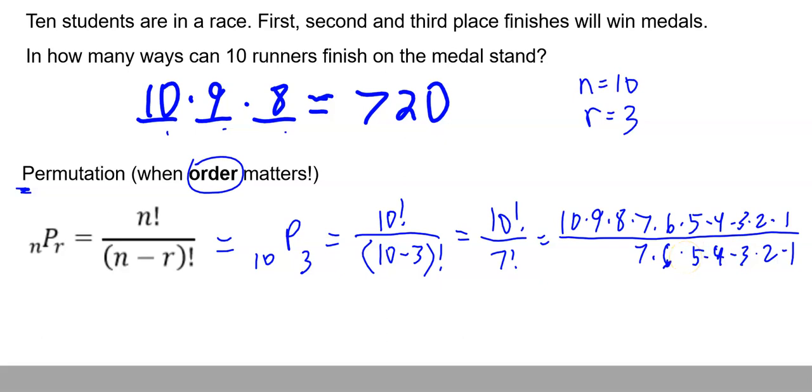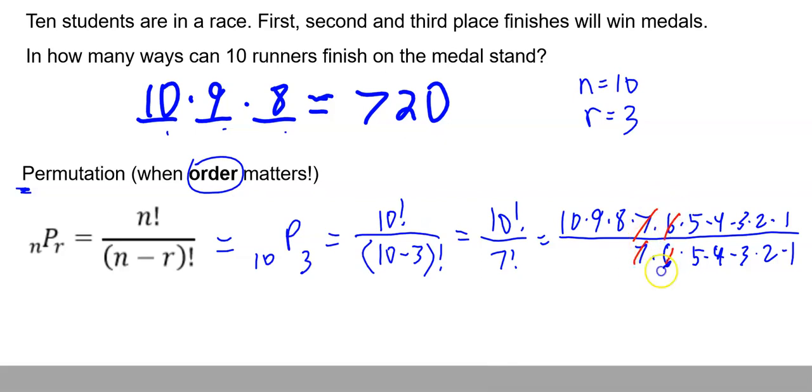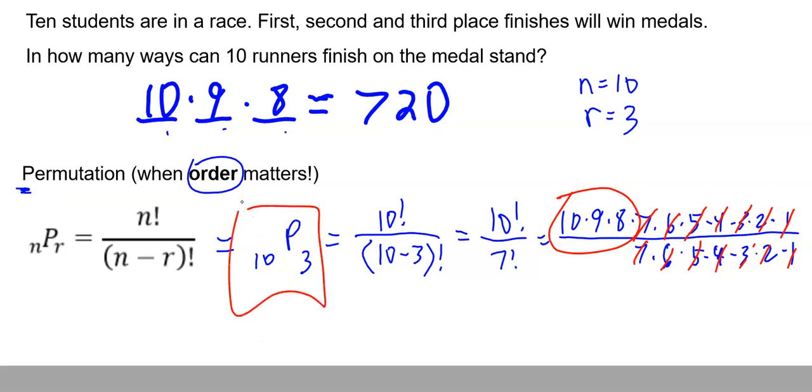And so what happens here is the 7s cancel, the 6s, the 5s, the 4s, the 3s, the 2s, the 1s. And we're left with what we did up here, 10 times 9 times 8. So it's almost easier to just do it with the slot method here, but we could actually use permutations. And the cool part is there's a way to just type this in your calculator. So get your calculator out.